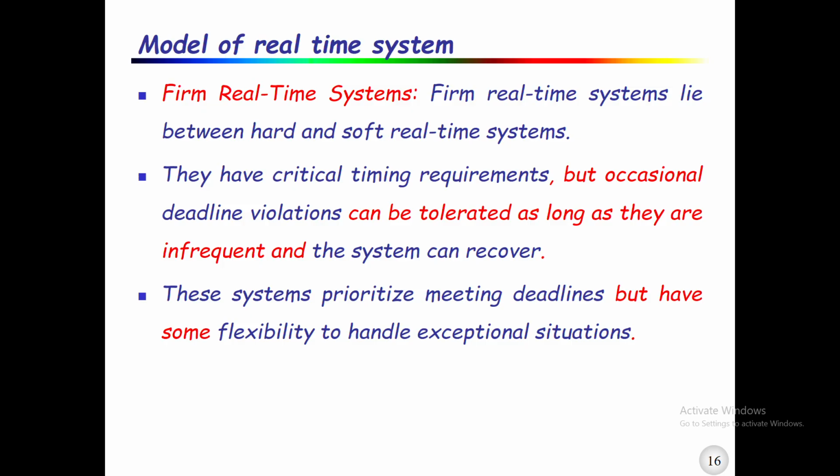Maybe if the system takes too long to respond or recover from the failures, it will have its own negative impact. But for a firm real-time system, we need to have a recovery time. Those systems prioritize meeting deadlines but have some flexibility to handle exceptional situations, unlike hard real-time systems.